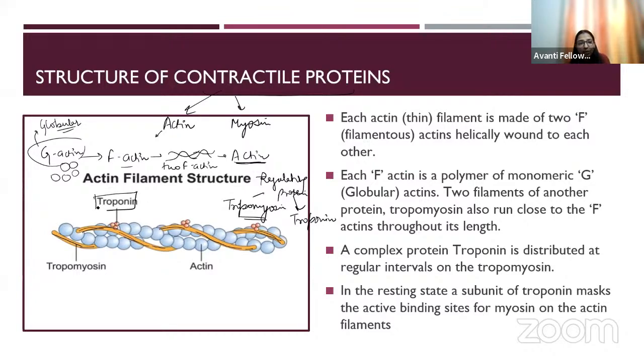Another protein is troponin, and troponin is a complex protein. Why is it complex? Because it contains three units. There is TnC, which is a calcium binding protein. Second is TnT, which is a tropomyosin binding protein.